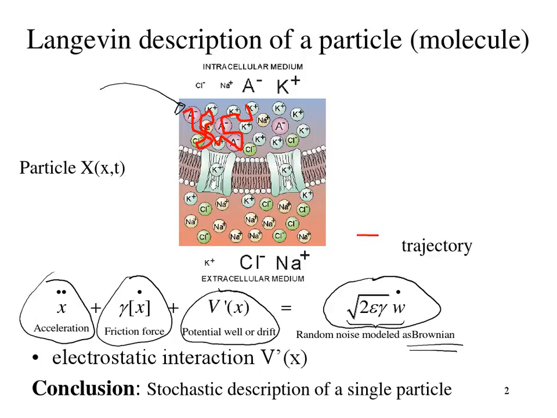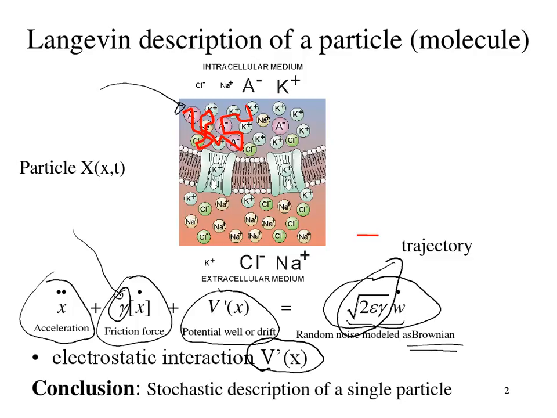For example, the potential well can be of an electrostatic type. This provides a description at a single particle level. I will explain later what the coefficient gamma means and the origin of this term, square root of epsilon multiplied by gamma.